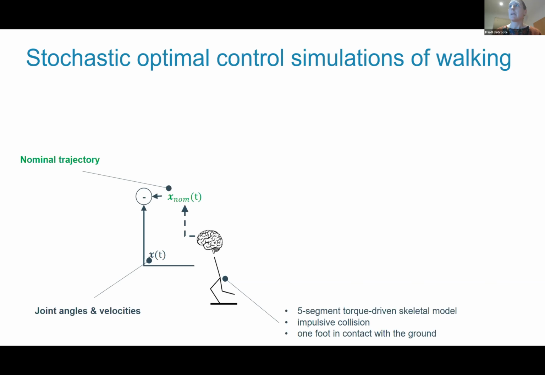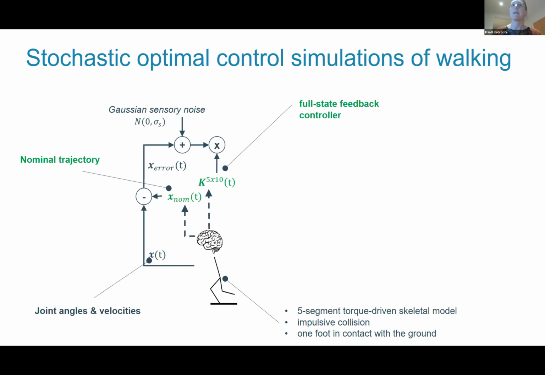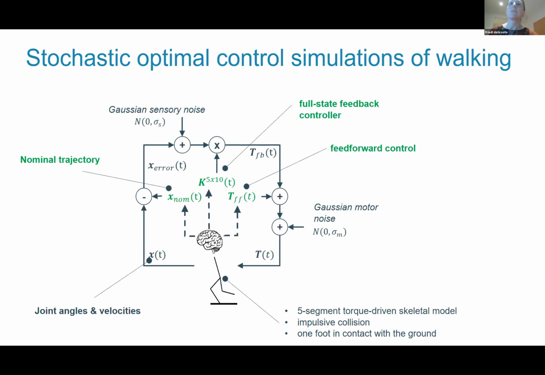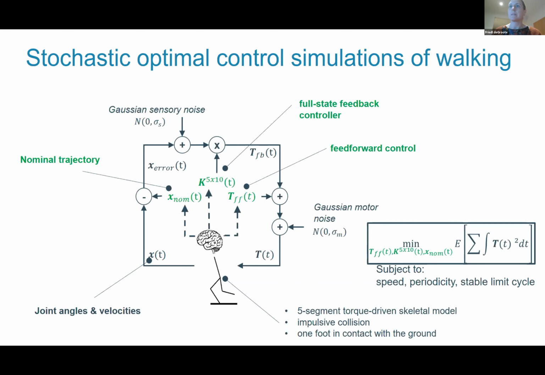The feedback error was corrupted by Gaussian sensory noise and multiplied by time-varying gains to obtain the feedback torques. And feedback torques were added to feed-forward torques, and the total torque was corrupted by Gaussian noise. And again, we solved for the control policy by minimizing the expected sum of torques squared, while imposing the desired speed, periodicity, and stable limit cycle behavior.